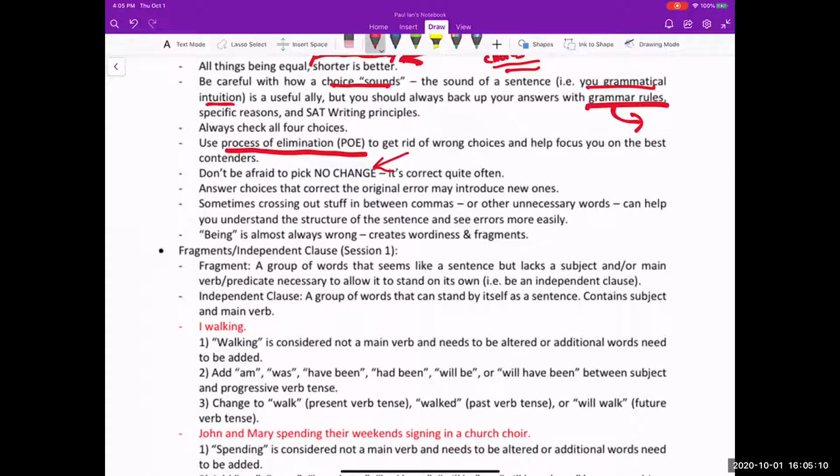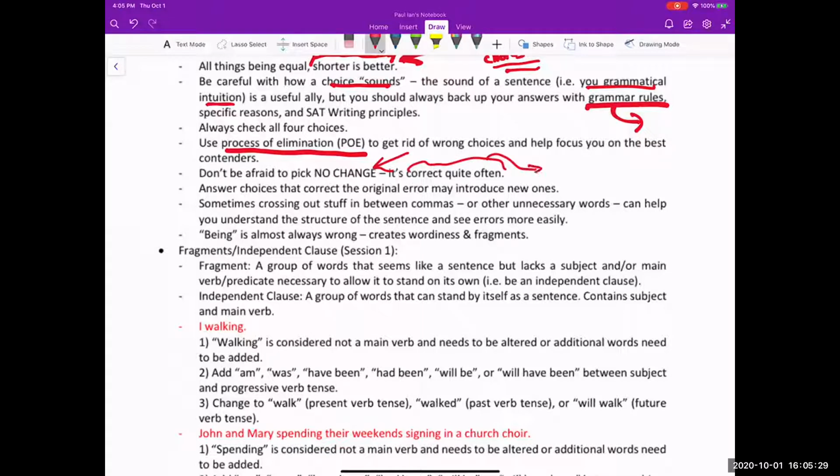For the most part, I'll never ignore "no change," because it seems so easy, right? Why would they give you a question and the answer is no change? They cannot all be no change, but I don't always rely on this that much.